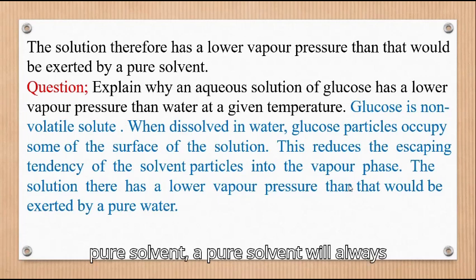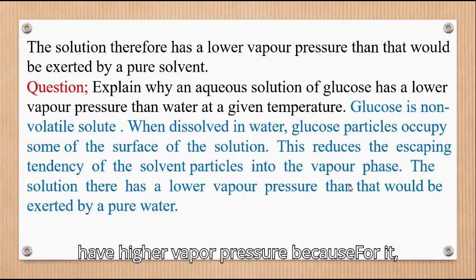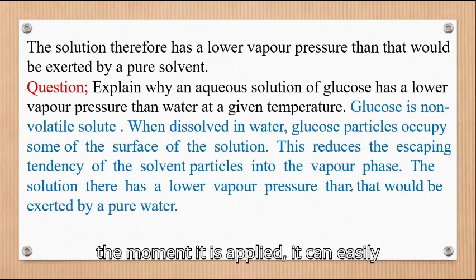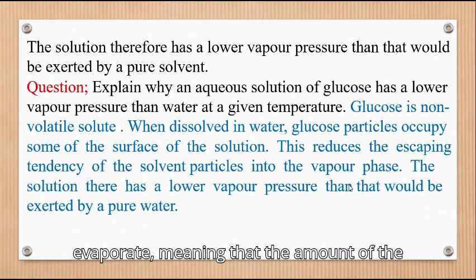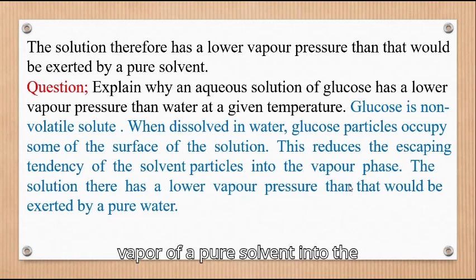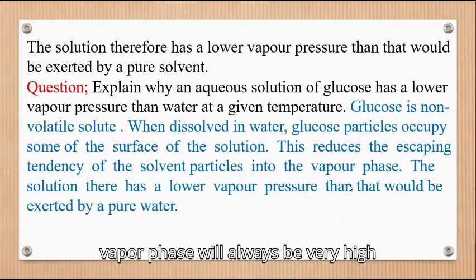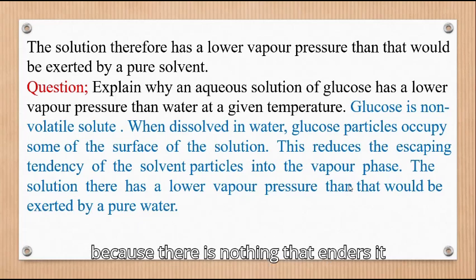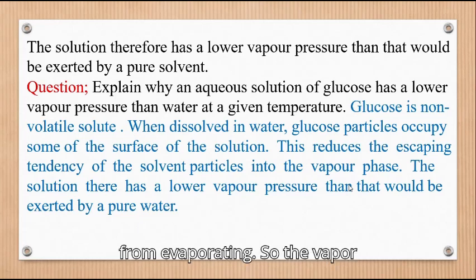A pure solvent will always have a higher vapor pressure because the moment heat is applied, it can easily evaporate, meaning that the amount of vapor of a pure solvent will always be very high because there is nothing that hinders it from evaporating.